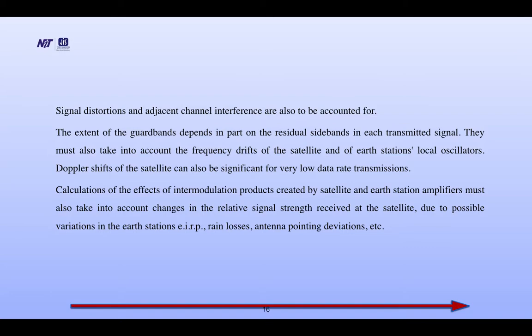Doppler shifts of the satellite can also be significant for very low data rate transmission. Calculation of the effects of the intermodulation products created by satellite and earth station amplifiers must also take into account changes in relative signal strength received at the satellite, due to possible variation in the EIRP, rain loss, antenna pointing deviation, etc. of the earth station.